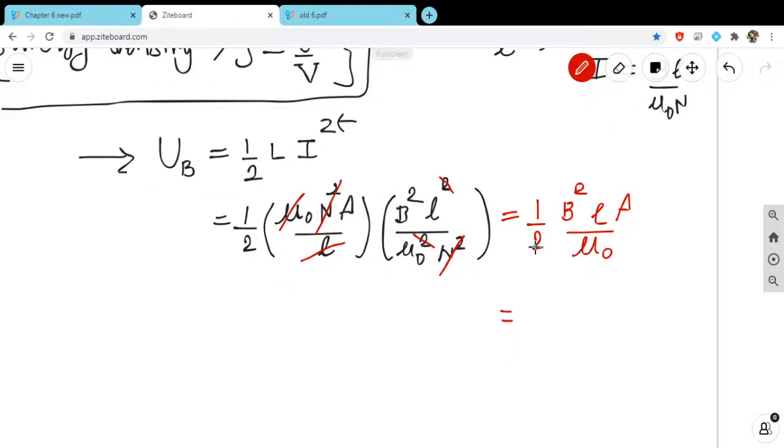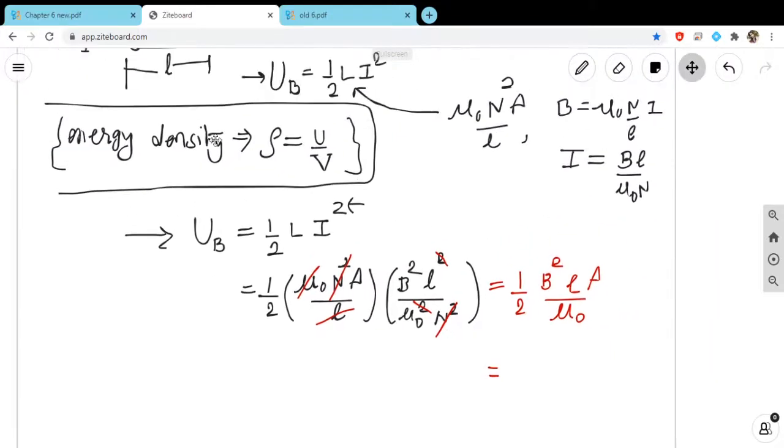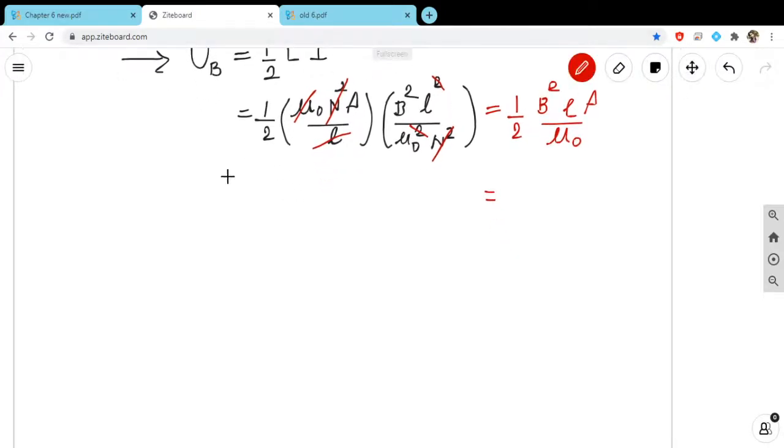That means energy density. I just told you here energy density rho, that means U by V. And if we discuss the energy density rho b, energy density means energy of the solenoid by the volume.